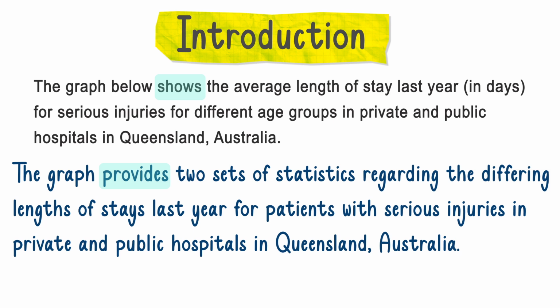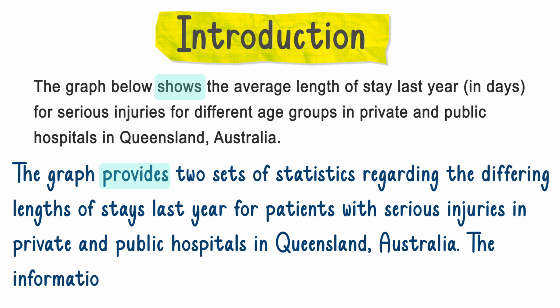I read it again. The graph provides two sets of statistics regarding the differing lengths of stay last year for patients with serious injuries in private and public hospitals in Queensland, Australia. So this is my introduction. I also write about the information given for age groups, which are for every 4 years, all right?